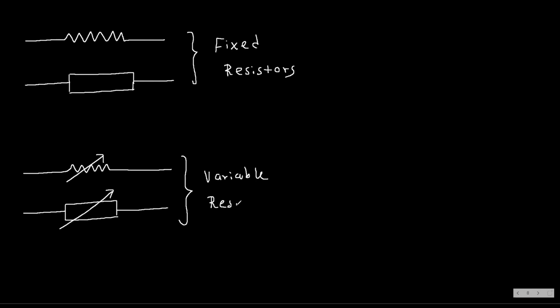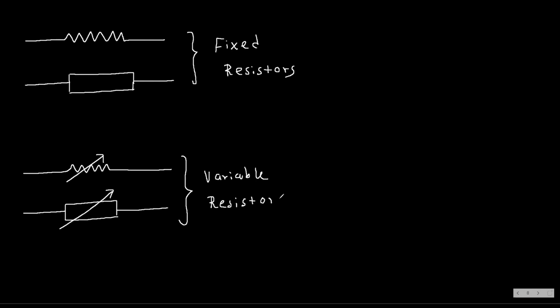Variable. Yeah, it's variable resistors. These resistors are known as fixed resistors. Fixed resistors cannot be changed by us. These are known as variable resistors.